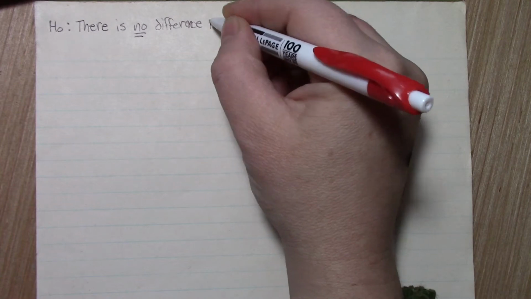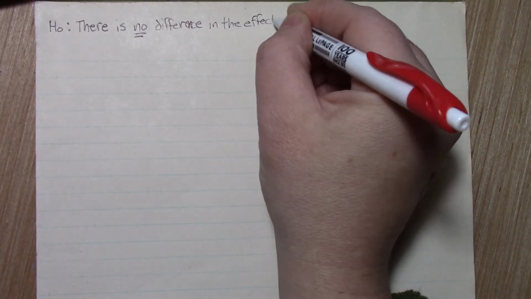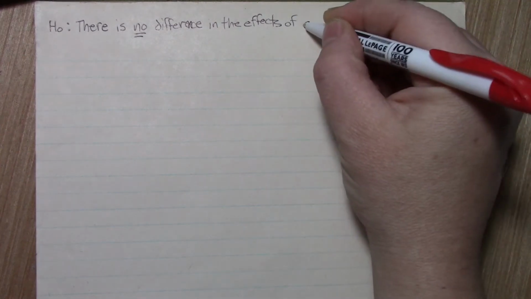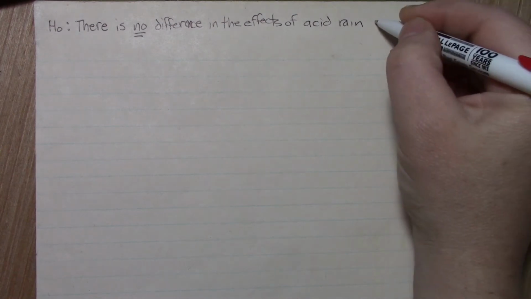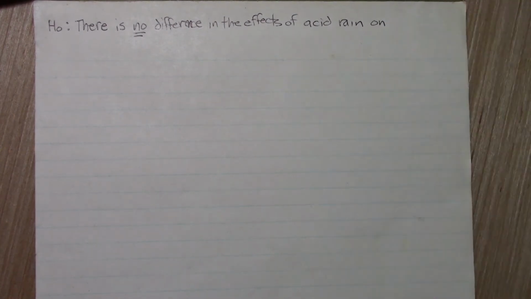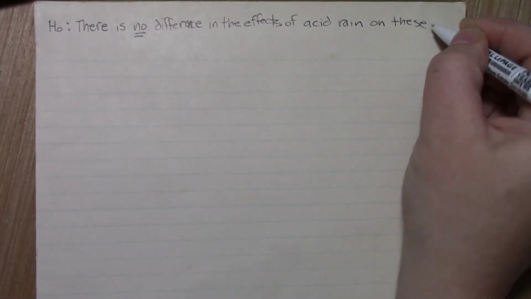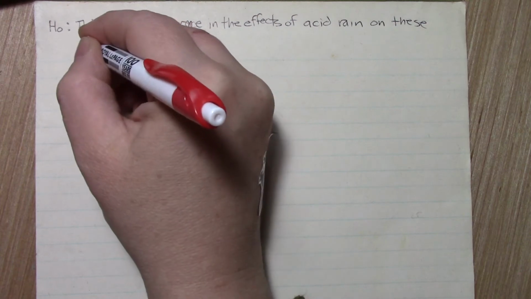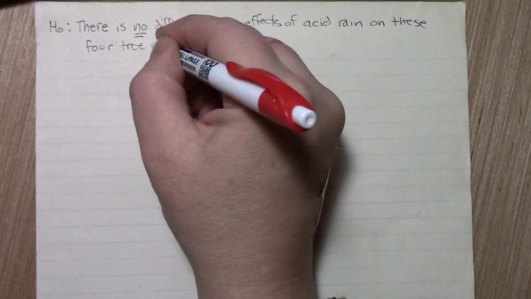There's no difference in the effects of acid rain on these 4 tree species.